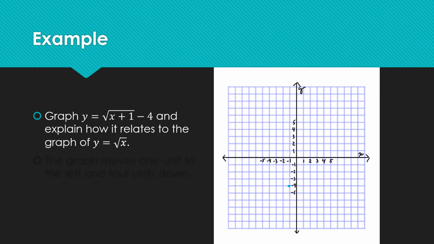So on and so forth. 1, 1 goes down to 0, negative 3. 4, 2 goes down to 3, negative 2. And 9, 3 goes down to 8, negative 1.